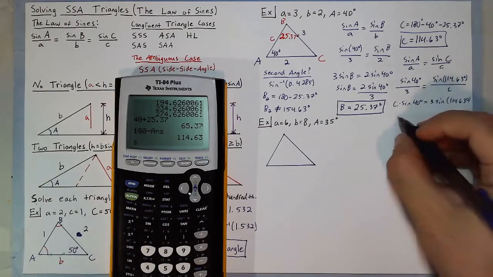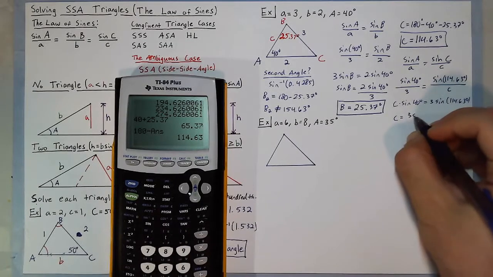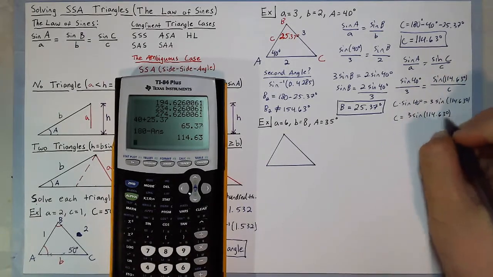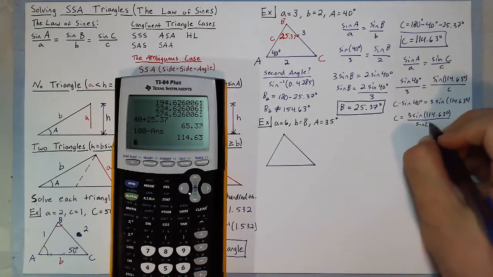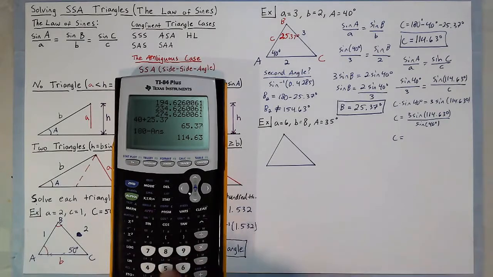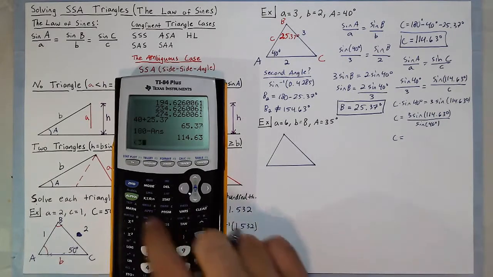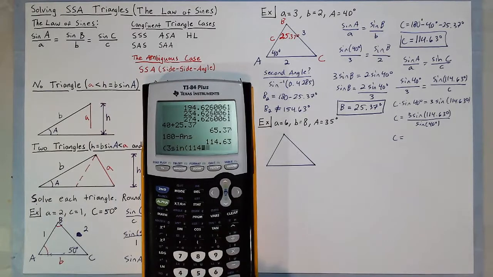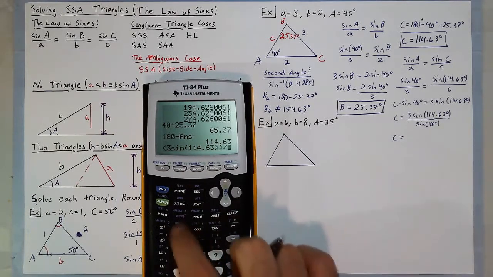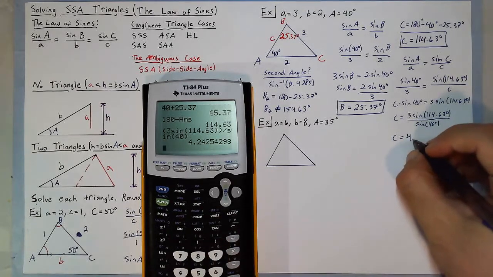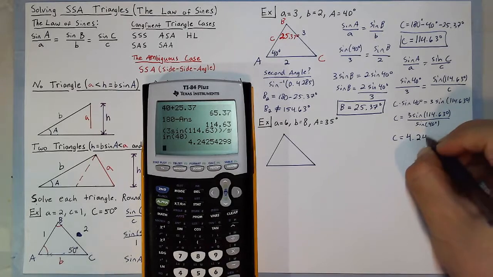Divide by sine of 40, C is equal to 3 sine of 114.63 degrees all over sine of 40 degrees. So C must equal, plug this in, 3 sine of 114.63 divided by sine of 40. C must equal 4.24.